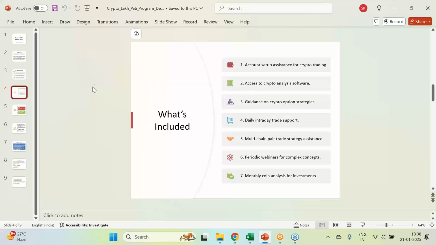So in this regard, I have just put together one program wherein you will be learning many interesting things. We'll give you our analysis software, and we'll give you option strategies in crypto, and you will manage those strategies very happily, because leverage is yours, how much margin you give, that also you decide, and how long you want to continue, liquidity is still there.